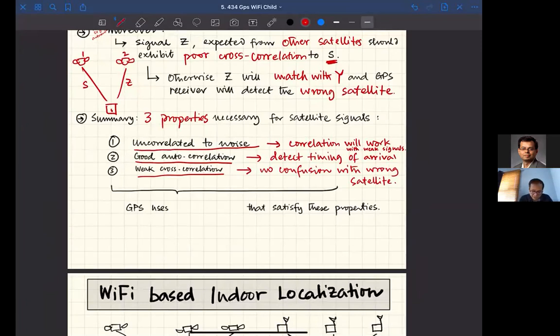So because of this, GPS uses CDMA codes, and these CDMA codes satisfy these three properties of the signal, and that is why you can detect the signals well, get your TR, which is the reception time, decode that well, and of course, your time synchronization delta is still unknown.